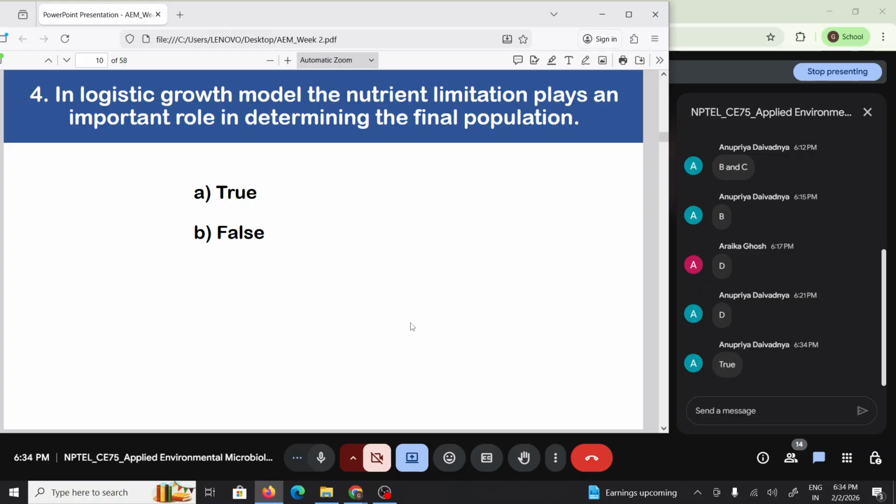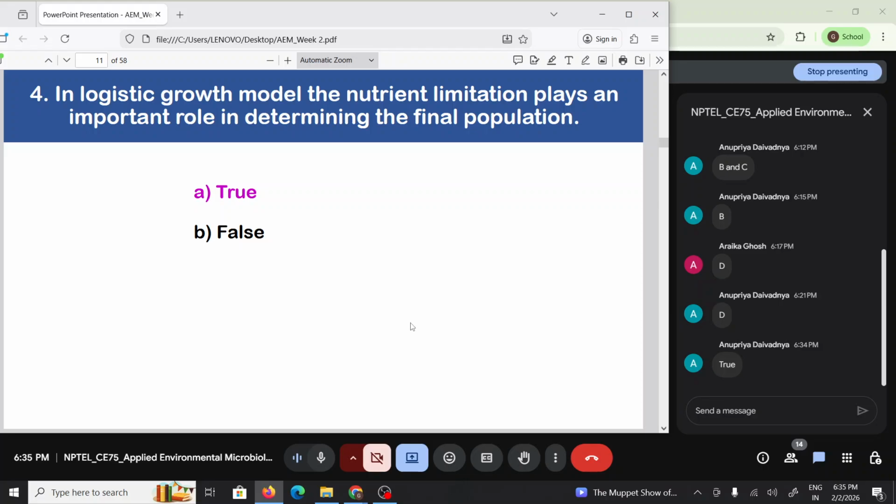And the answer is true. Okay, so as told, the answer is true.